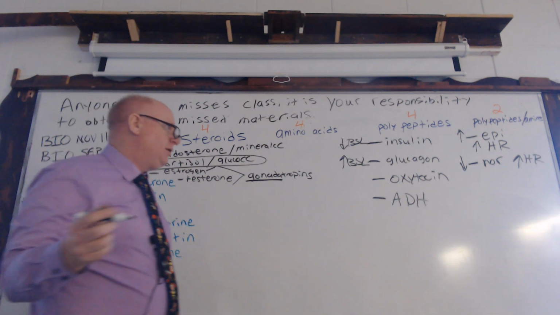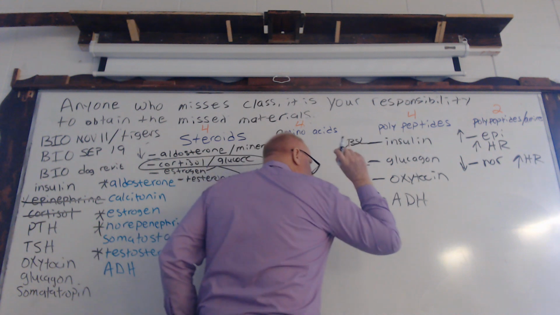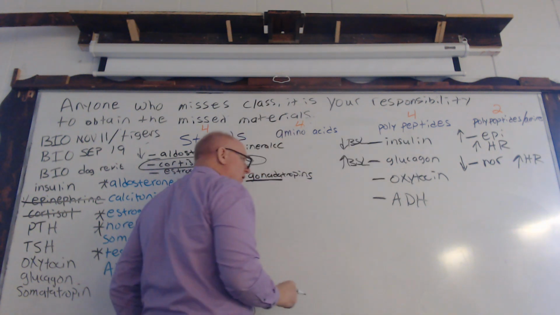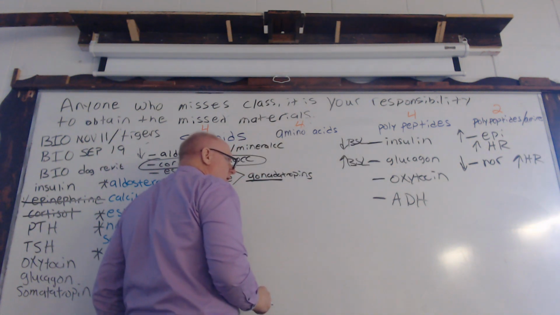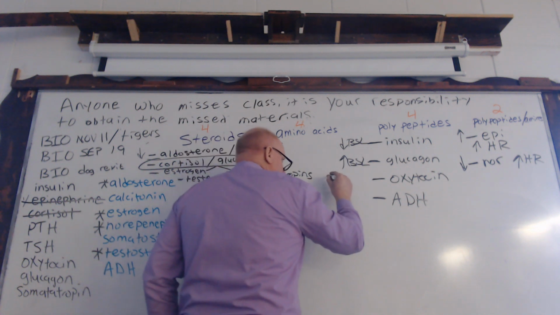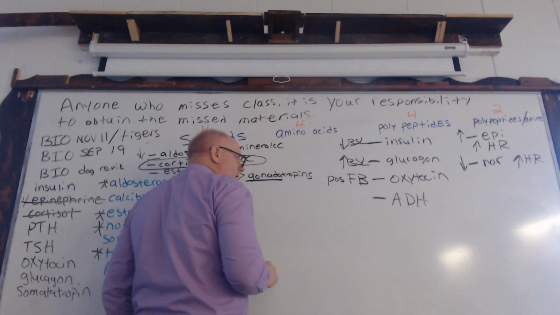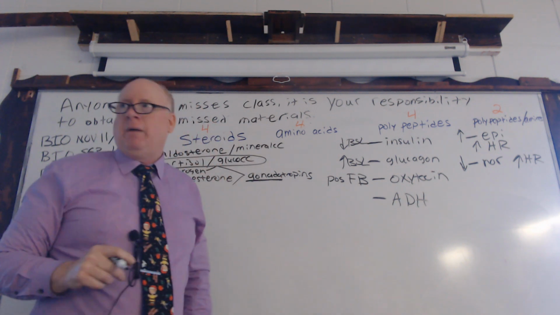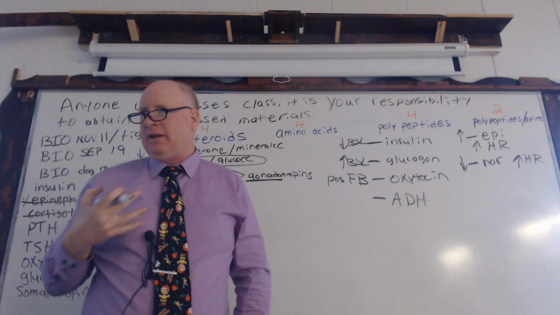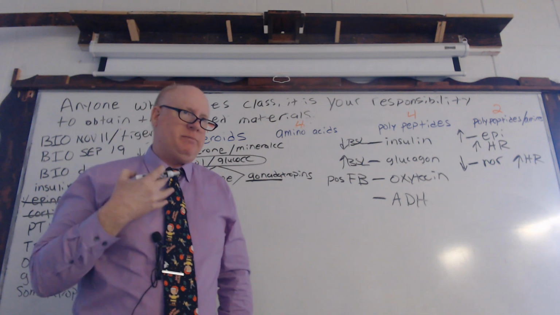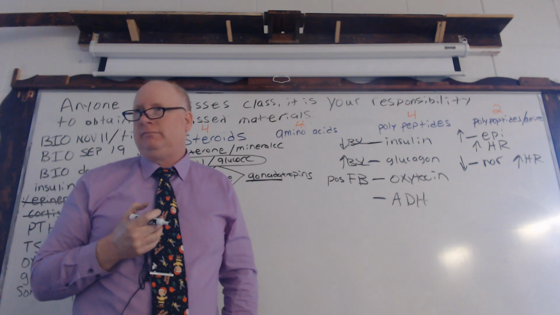Okay? So what would be the best way to illustrate what oxytocin does? We'd like to say this: positive feedback. So remember, that's amplifying something that's occurring in specifically who?